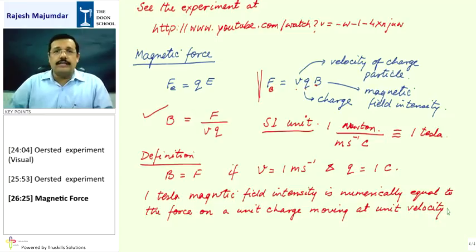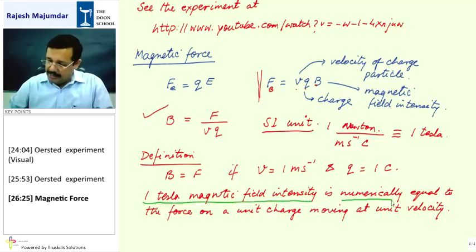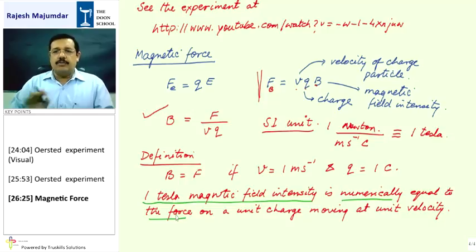And since all units are in SI, it has to be 1 meter per second and 1 coulomb. So 1 Tesla magnetic field intensity is numerically equal to the force on a unit charge moving at unit velocity. So for moving charges, there will be an experience of force in the magnetic field.